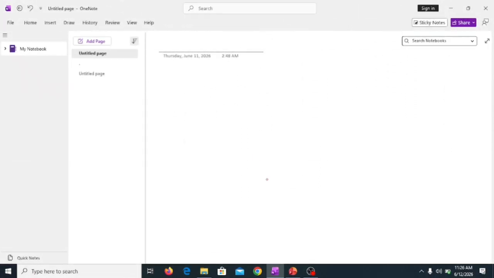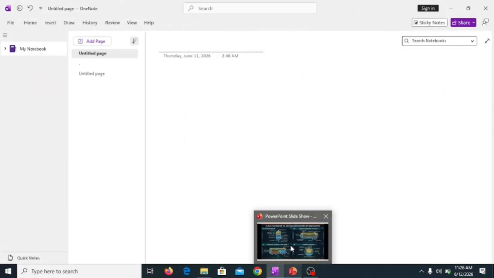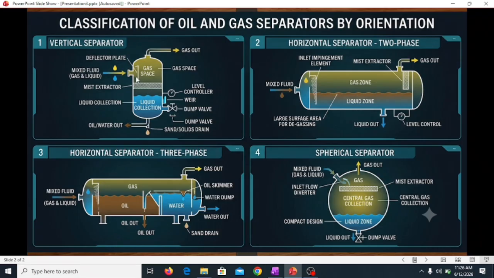As you can see here in the vertical separator, we can see the gas space and the oil and water. That means the gas will be at the top, of course, as we know, and the oil and the water will be at the bottom.